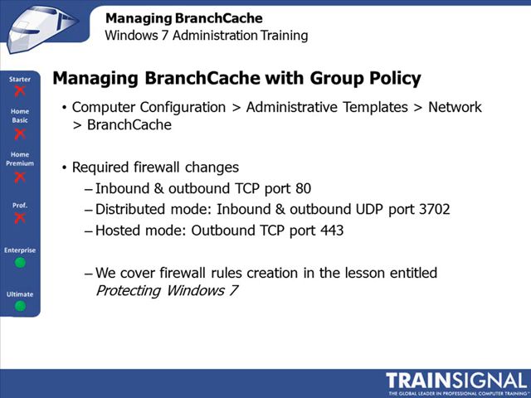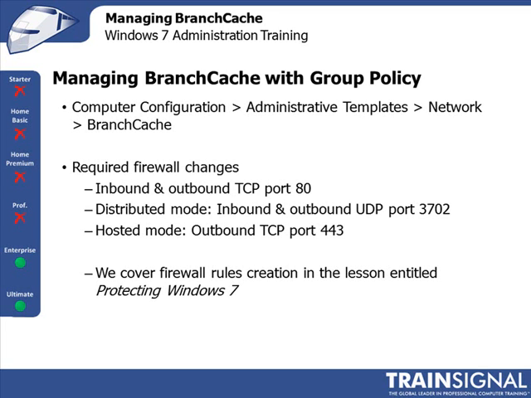There are a couple of ways that you can manage BranchCache, and the first one is group policy. We've talked about group policy for a number of other things in this course, and we're going to be talking about it briefly here again, but we're not going to manage BranchCache with group policy through our examples. We're going to use a different method since we've done a lot of group policy stuff already. However, available at computer configuration, administrative templates, network, BranchCache, you're going to find a number of BranchCache related settings.